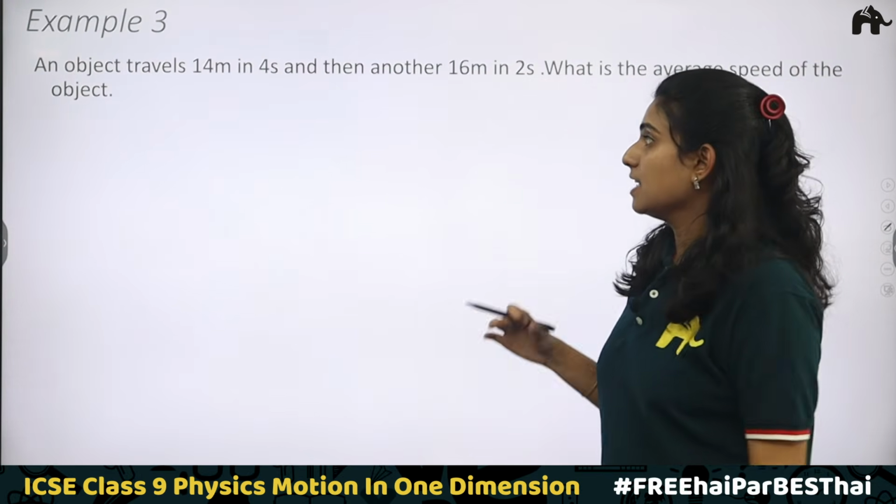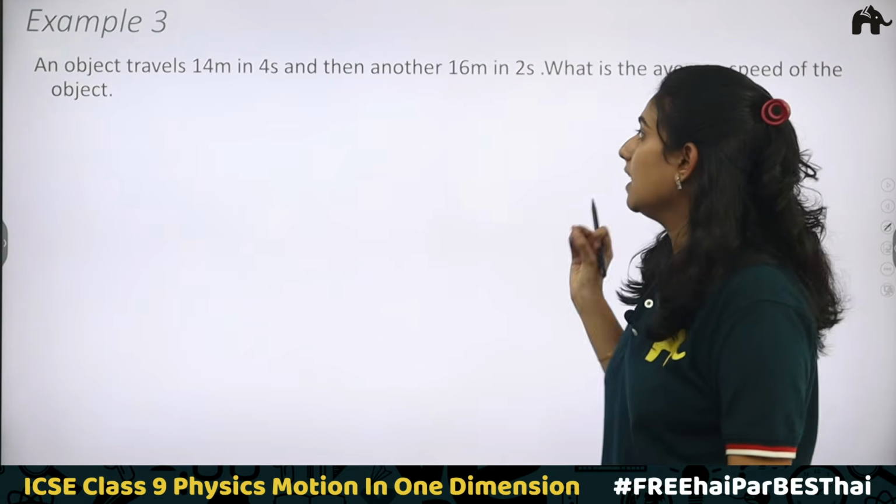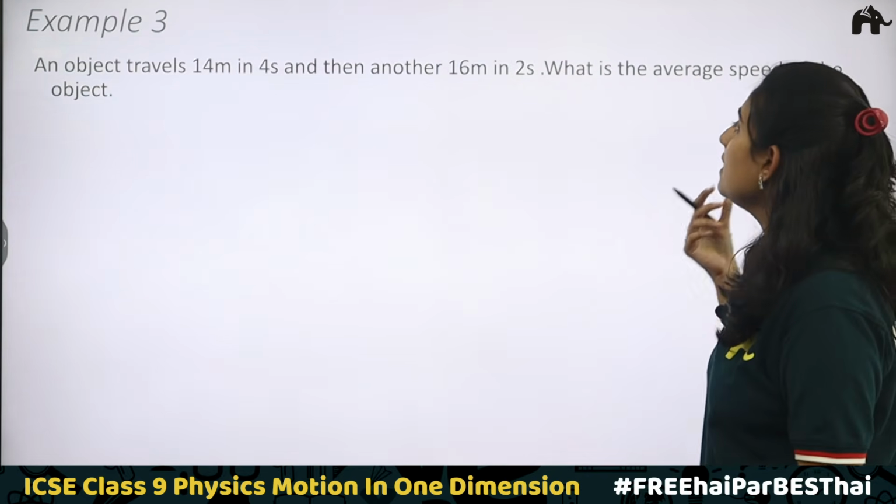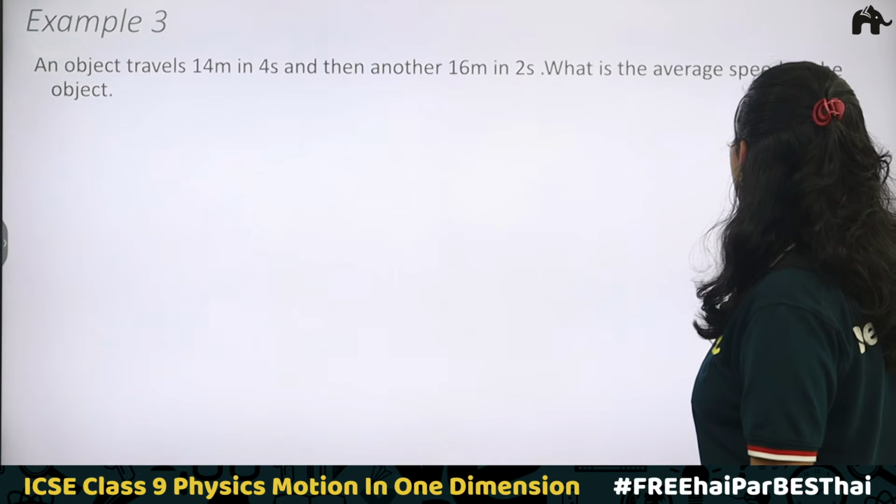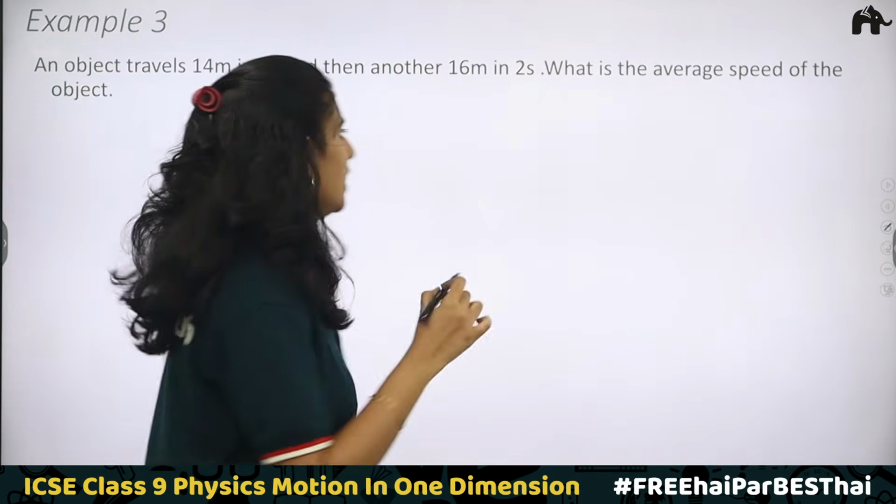Let us take an example. Example 3: an object travels 14 meters in 4 seconds and then another 16 meters in 2 seconds. What is the average speed of the object? How to find average speed?